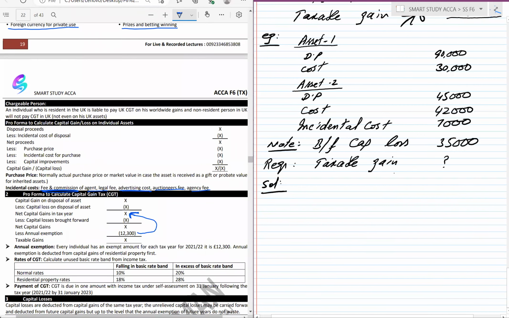Students, the detailed format is, first of all, we will write down name of the individual, Mr. A, capital gain tax computation for the tax year 2022-23 on asset 1.